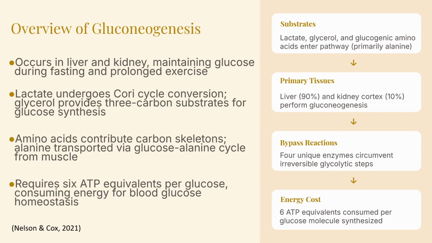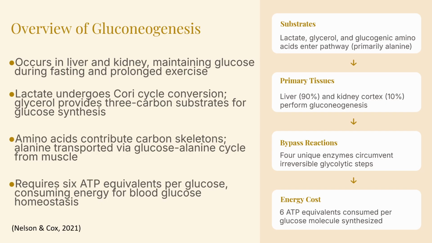Lactate is transported to the liver where it's converted back into glucose through the Cori cycle. This recycling system allows the body to recover carbon molecules from lactate and reuse them for glucose production.